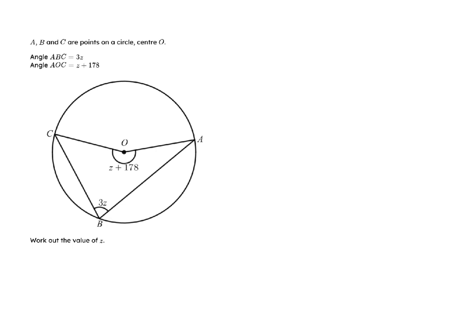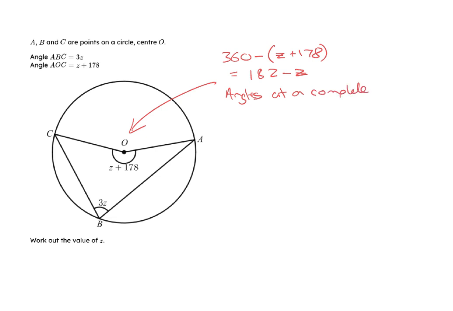So the first thing I want to work out is this angle here. So what have I got there? Well, that's going to be 360 minus the other angle. So it's z plus 178. And if I work that through, that's going to give me 182 minus z. And the reason is that angles at a complete turn add to 360 degrees.